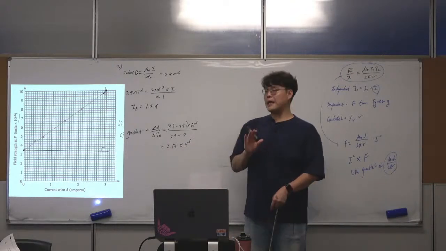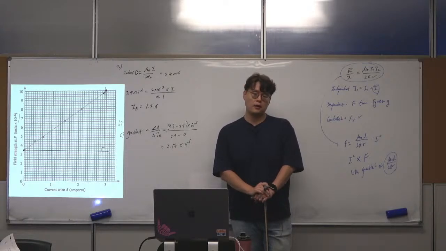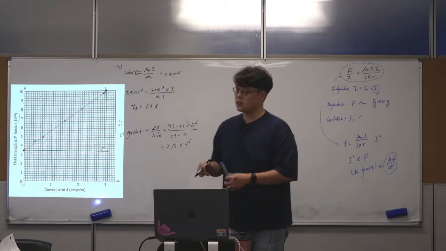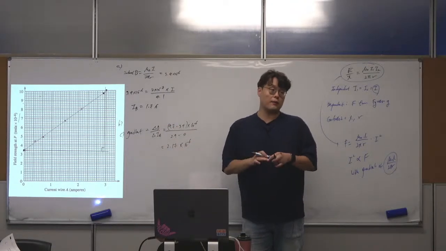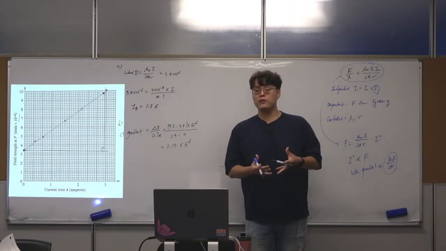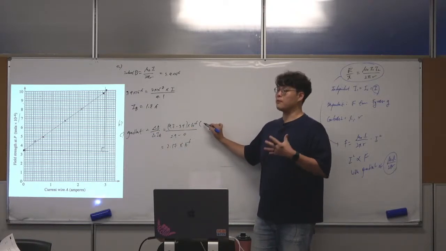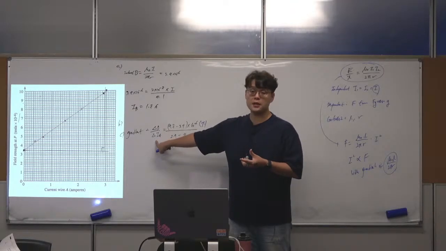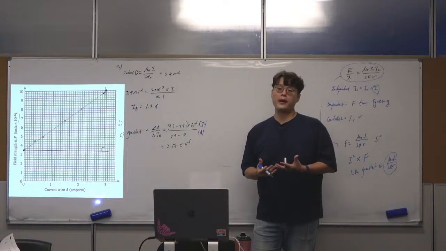Now, let's guess what the unit of this gradient would be. The easiest way to determine the unit in physics or science is to look at what you have in the fractions and think about the units for the given symbols. The unit for the magnetic field is Tesla. The unit for the current is amps. So the unit must be Tesla per amp.